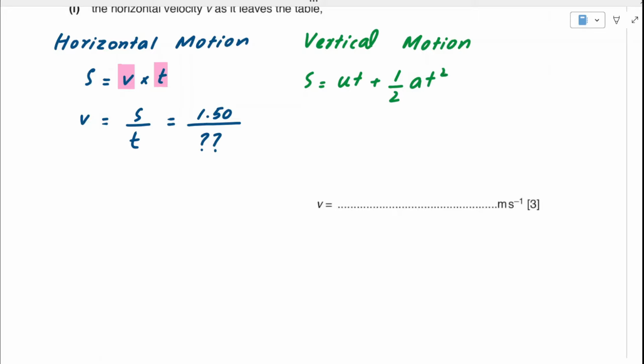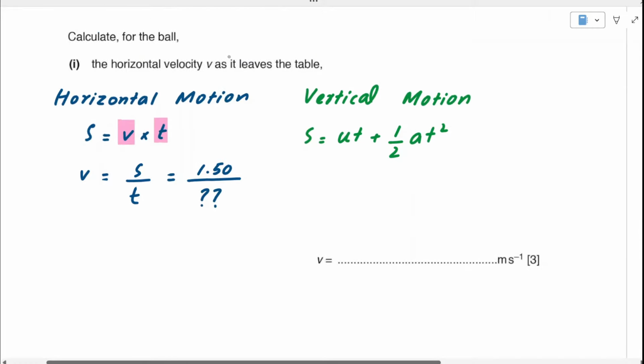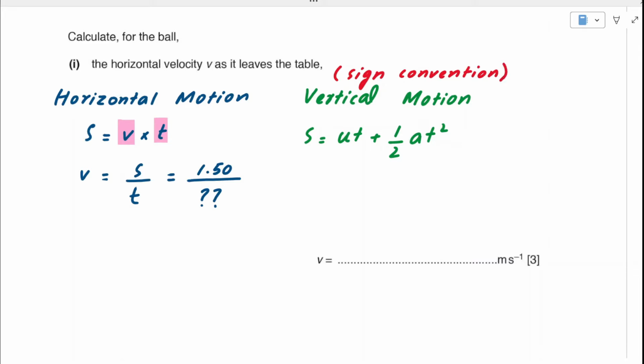And matter of fact, for vertical motion, how many equations do we have? Four, all four that we use for equations of motion. But as the vertical motion gives us the equations, he also says that be careful with the sign convention. It says, okay, you can use this equation of mine, but you gotta be careful with the sign convention.